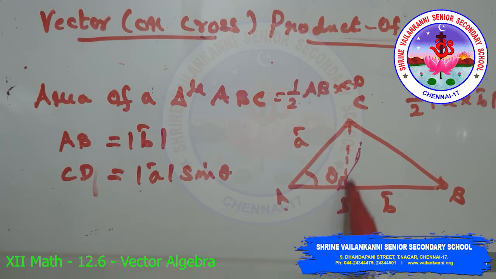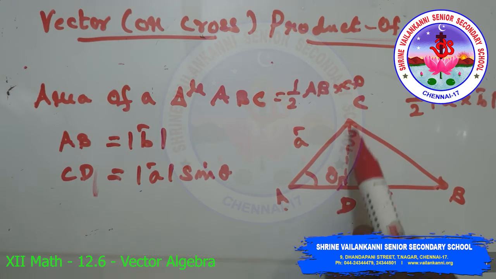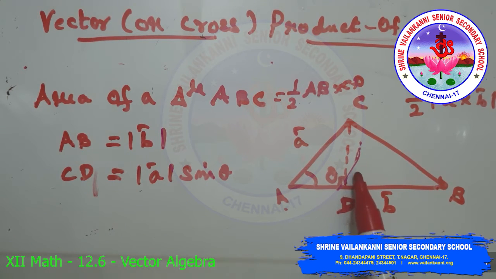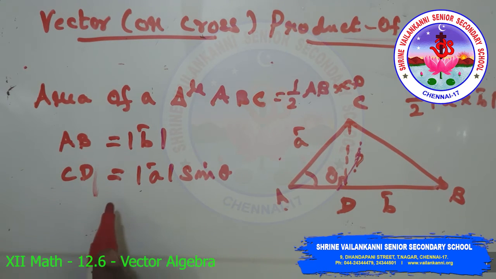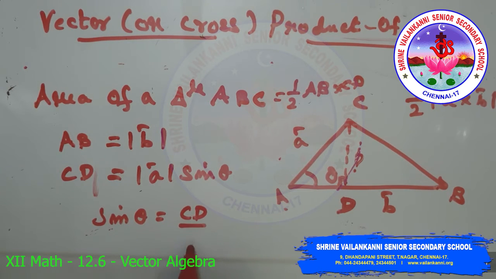Using this triangle ADC, here D is 90 degrees. So using the Pythagoras theorem, we need to find CD, which is the height. Sin theta is opposite side by hypotenuse, so sin theta is CD by A. So CD equals A into sin theta.